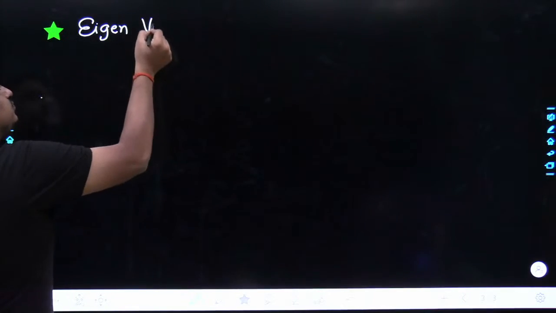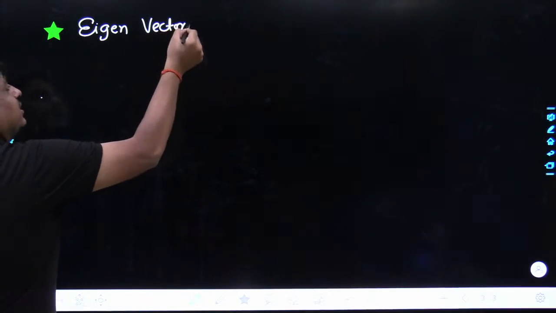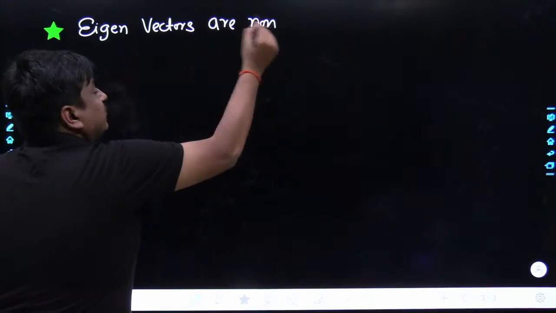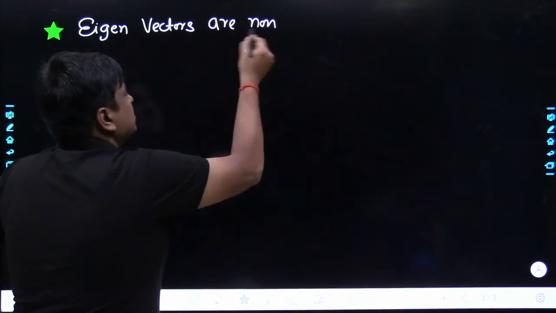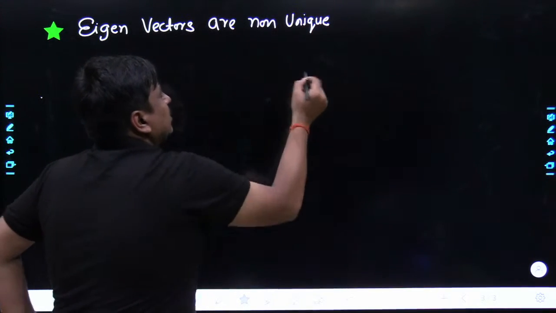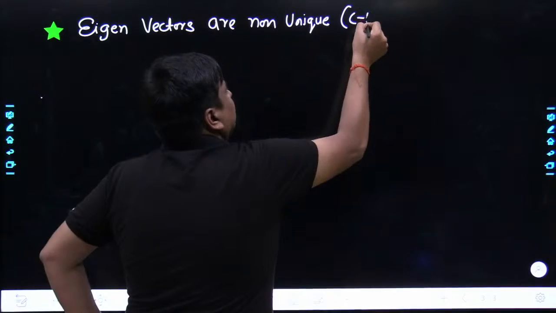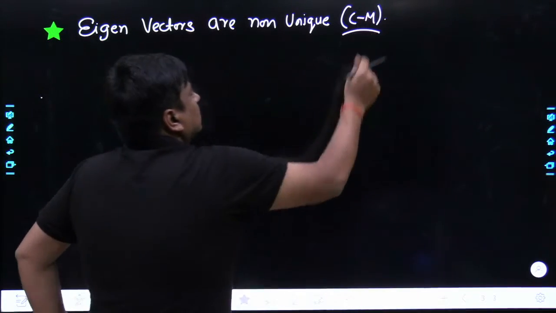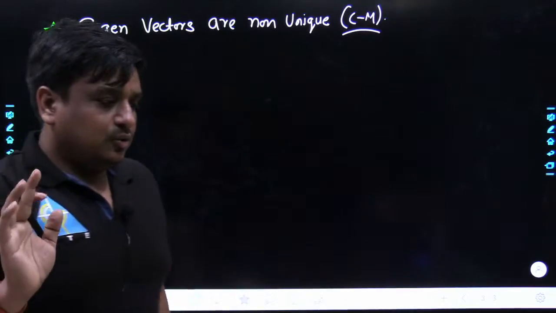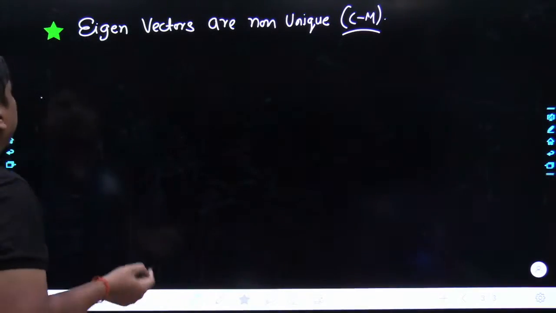Eigenvectors are non-unique. You will have infinitely many situations. Non-unique, and always it will be a column matrix. Non-unique column matrix. That is also okay.